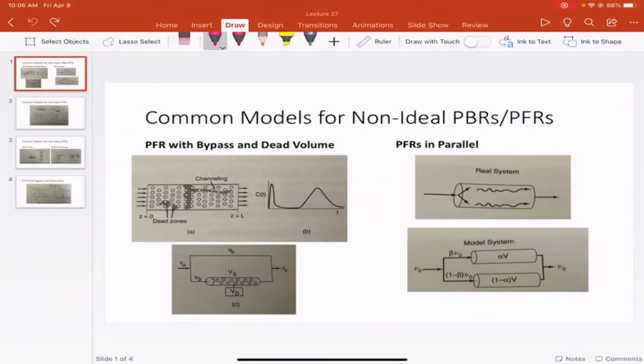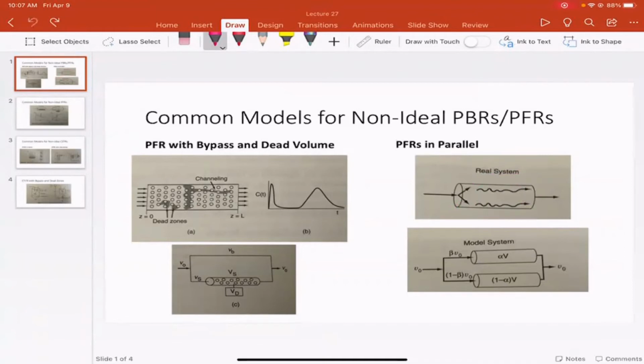You also can have a model that well represents data where you might just have two different residence times. Let's say one near the wall, where you have more friction, and one in the center where it goes through the reactor very, very quickly. Well, when that's the case, it sort of behaves just like you see on the top right here as two totally different plug flow reactors.